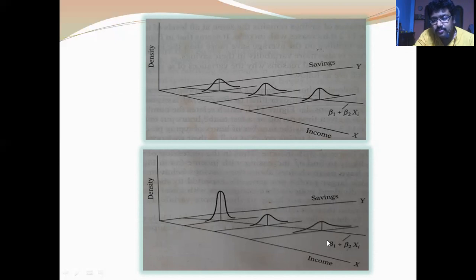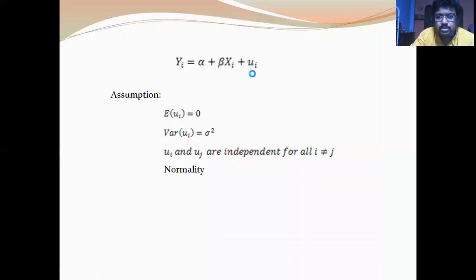So the variance differs here. You can clearly see that the variance is not constant. So this is heteroscedasticity, and this is heteroscedastic. This is due to the error term u.